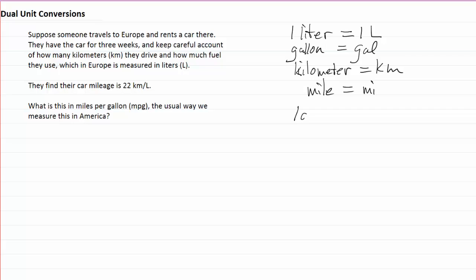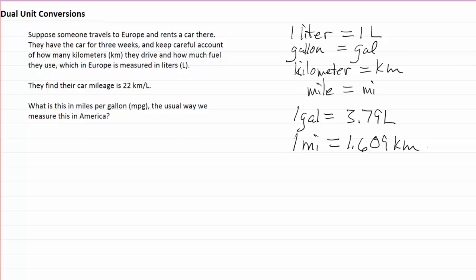One is that 1 gallon is equal to 3.79 liters. So that's something that does happen to be on your sheet. Another one, this is something that's in my physics textbook, but it's that 1 mile is equal to 1.609 kilometers.